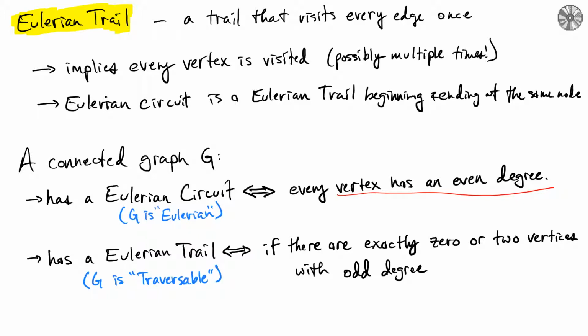If it's a trail, then we have to change that a little bit because the beginning and end nodes could have an odd degree. So that's exactly what this is saying: either you have no nodes with odd degree or you have exactly two. These are conditions, and the next thing we're going to do is look at the algorithm to find Eulerian trails and circuits.